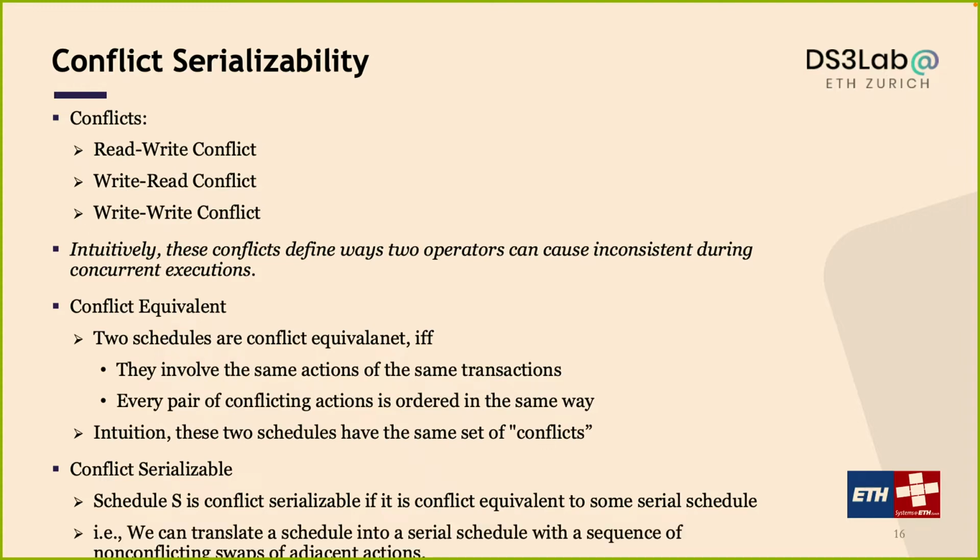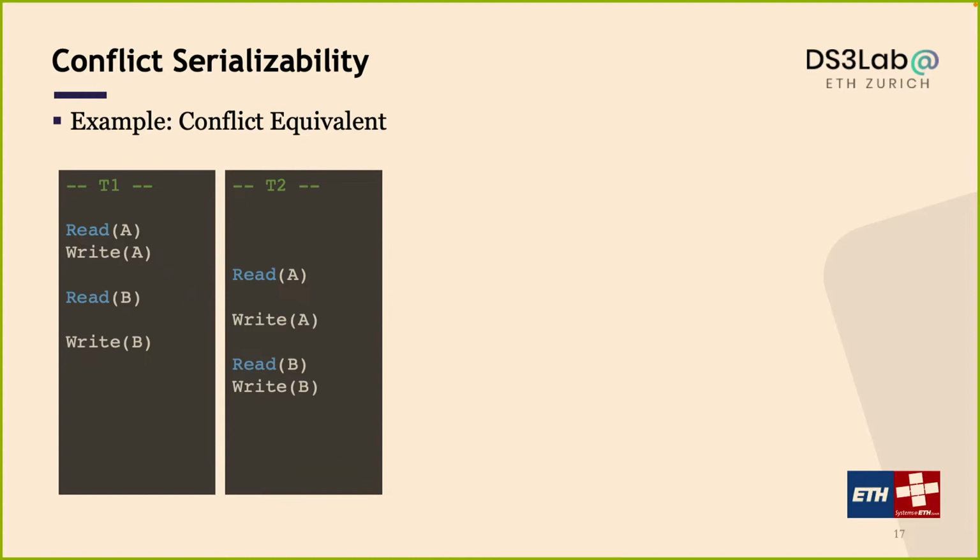There are two different ways to test whether a schedule is conflict serializable. One is to see whether you can translate that schedule into a serial schedule with a sequence of non-conflicting swaps of adjacent operators. Let's look at one example.